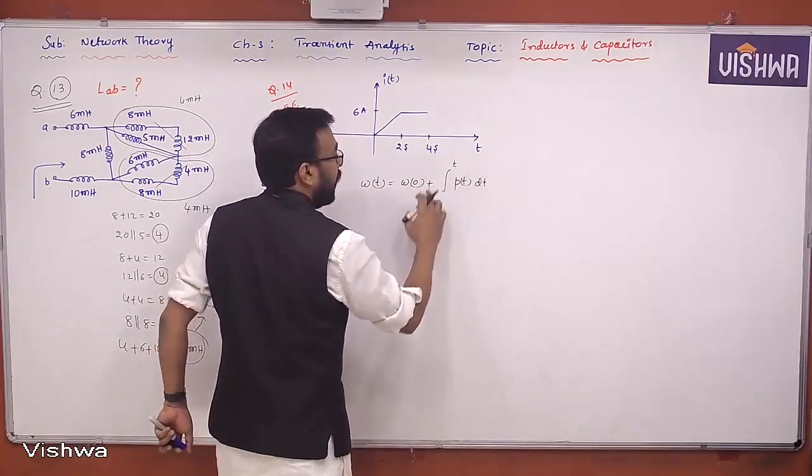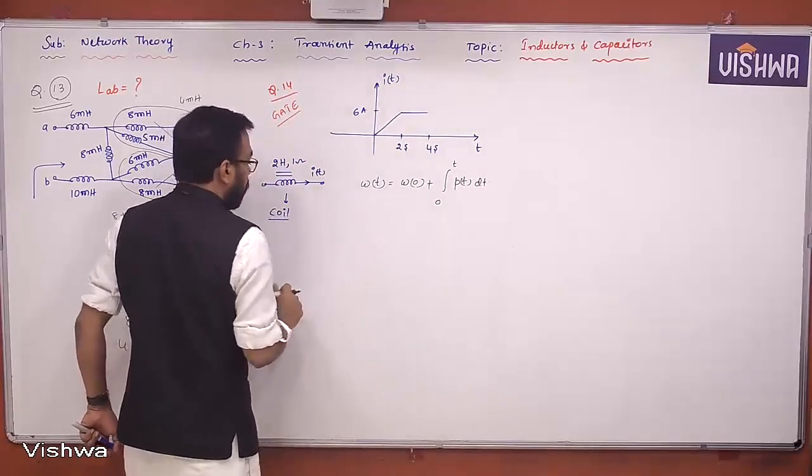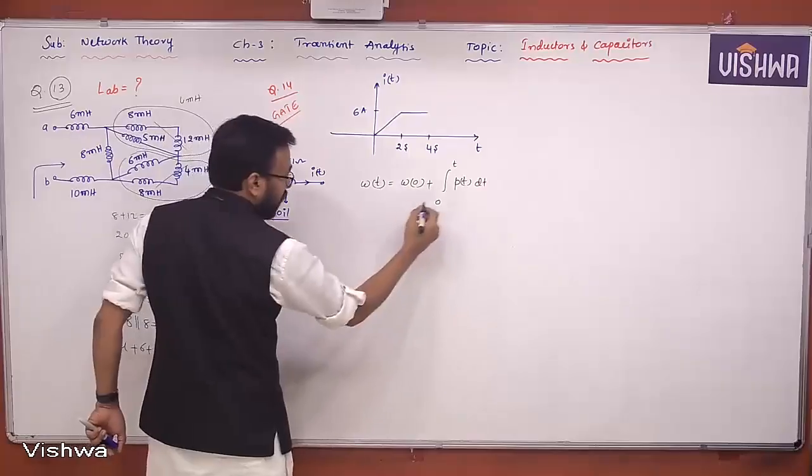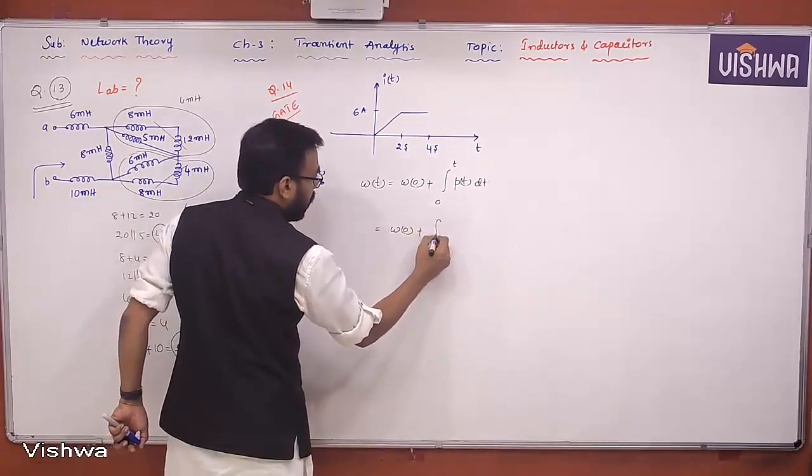Yes or no? Or else you can say it is the area under power. But what's happening here is the current is given. Here the power is nothing but what? Actually the product of voltage and current.